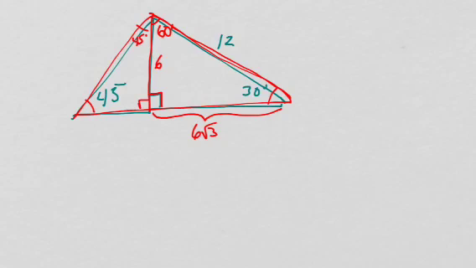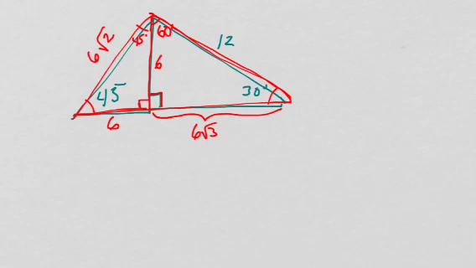Okay, now on the 45, 45, 90 triangle, that triangle has one leg, one of the congruent sides, that is the same as the short side of the 30, 60, 90 triangle, that's 6. And so the other leg, even though I didn't draw it very well here, is also 6. And the hypotenuse is 6 square root 2.